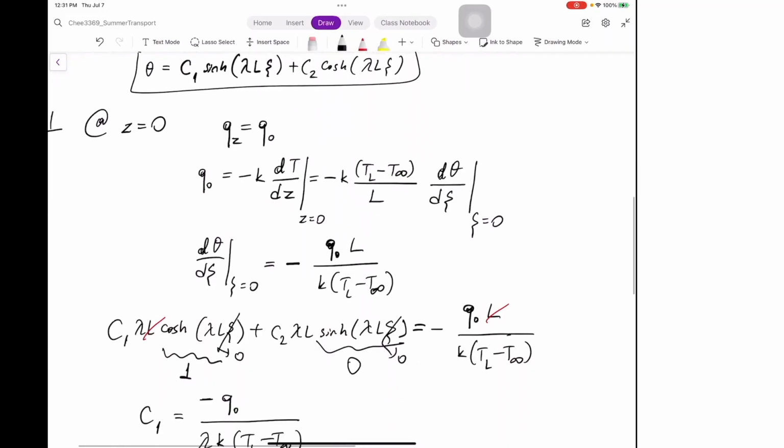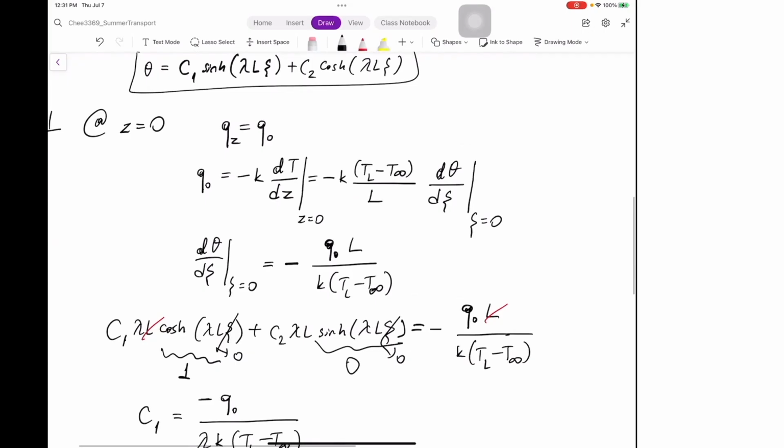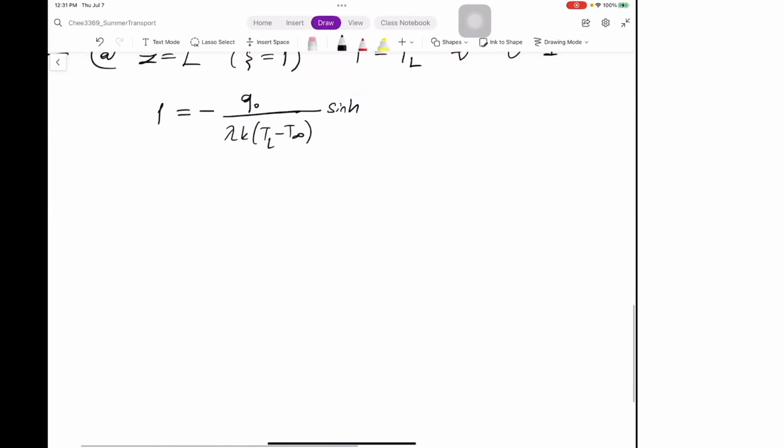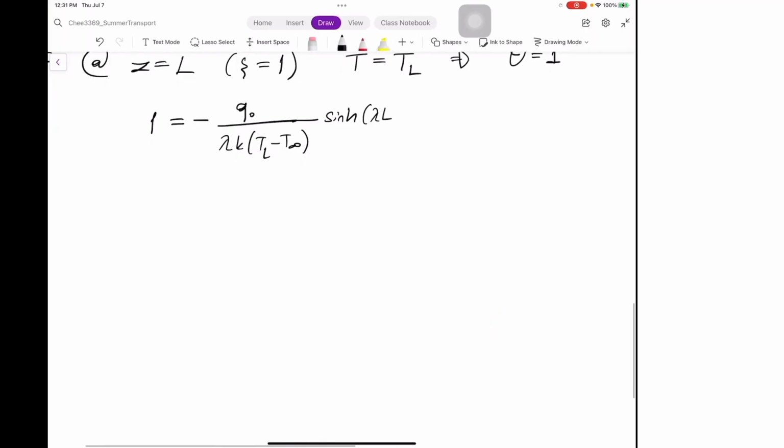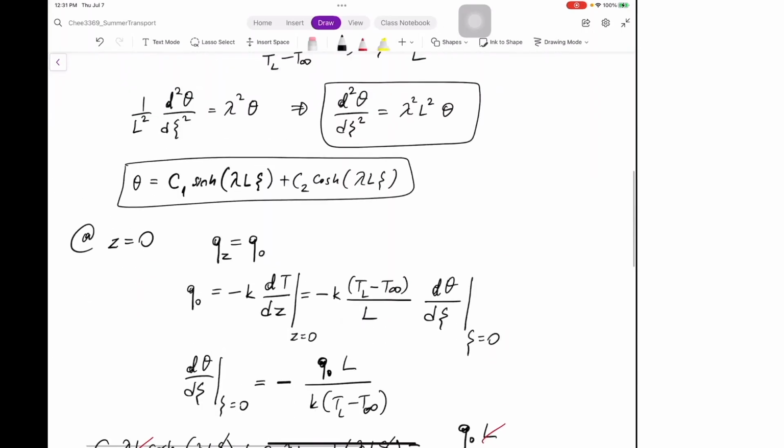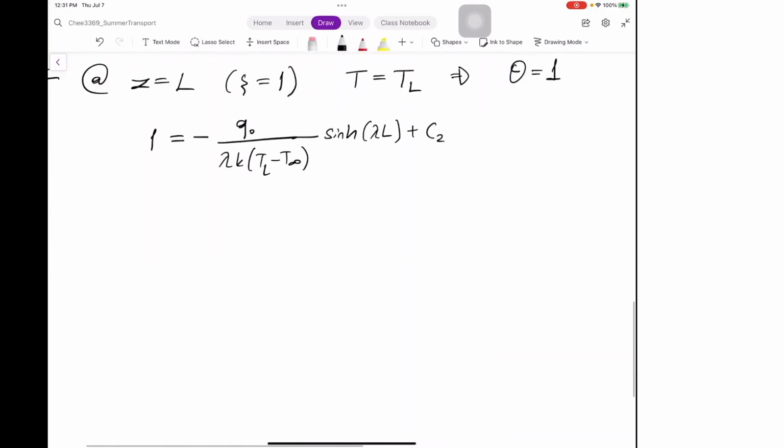Plus C2 cosine hyperbolic lambda L. From here, we can calculate the C2 as well.